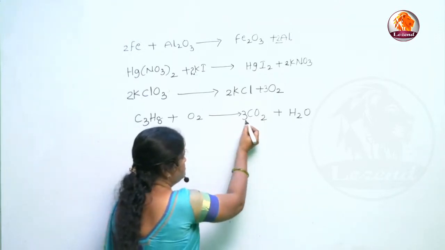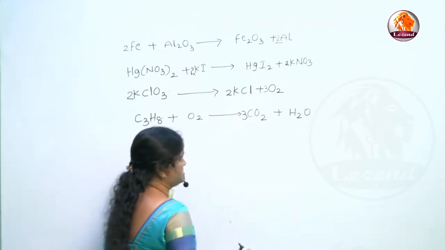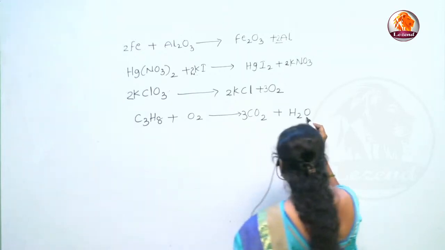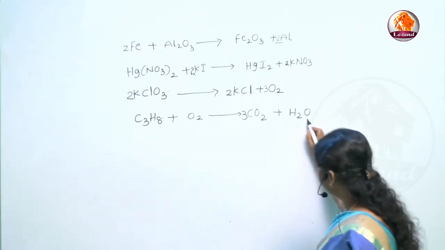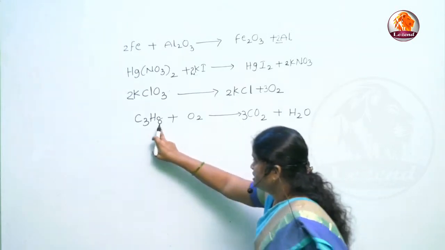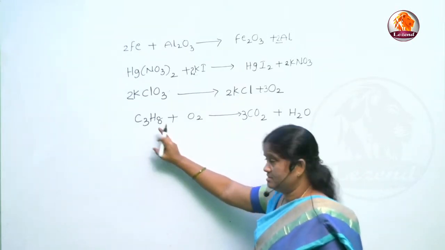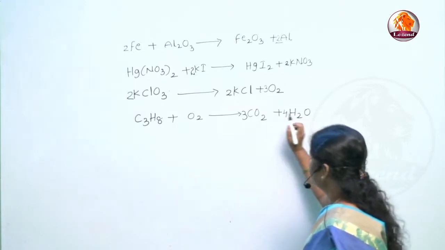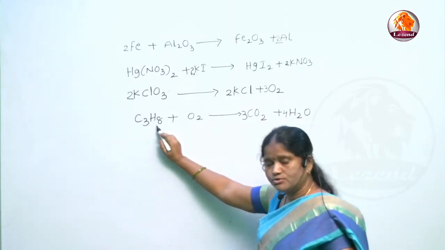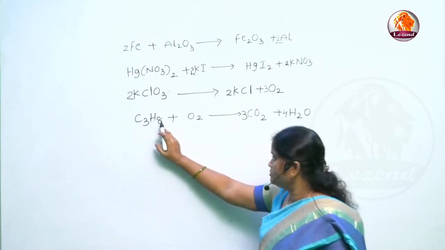Now oxygen atoms become how many? 3 2s are 6, plus 1 atom in the water molecule, 7. Hydrogen atoms in propane: 8. But in the water molecule, 2. If I put 4, 4 2s are 8. Hydrogen atoms are also balanced on both sides.